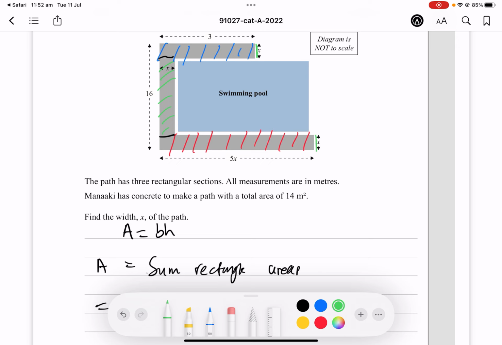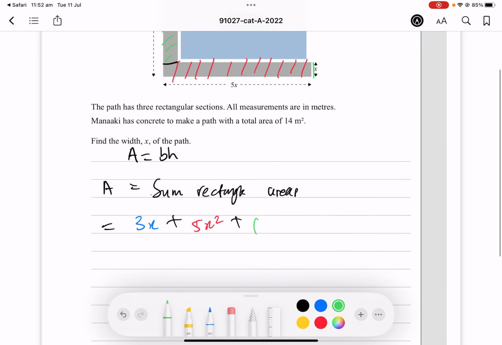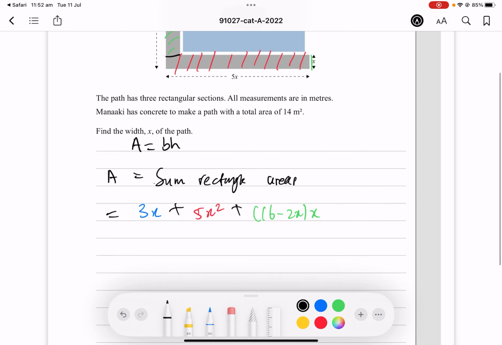So it'll be 16 minus 2x. So this will be 16 minus 2x multiplied by x. And now we can expand this expression. So we have 3x plus 5x squared plus 16x minus 2x squared.